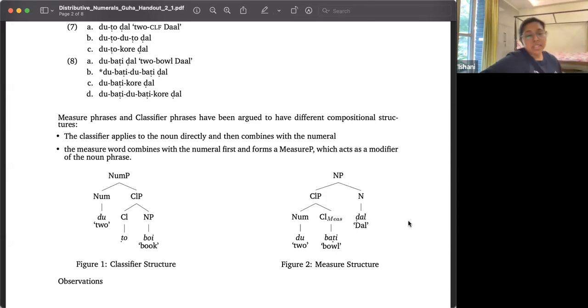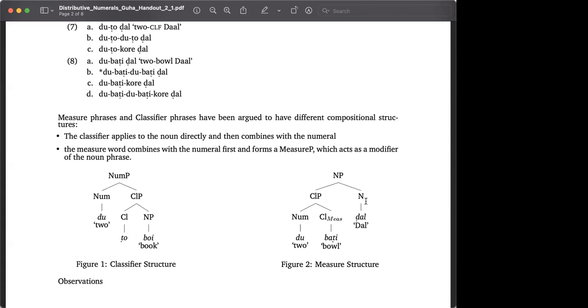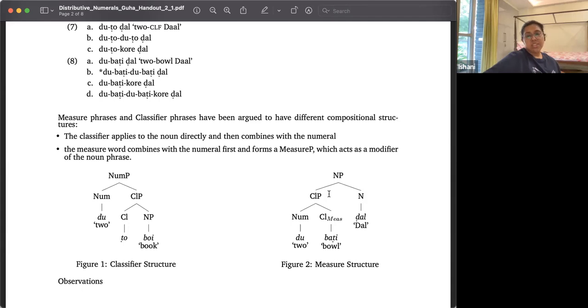Oh, okay. You're saying that if this is N, or let's say NP, suppose this is NP. So classifier phrase and NP were coming together. But these are modifiers, adjunction. So reduplication is not happy with that kind of structure.